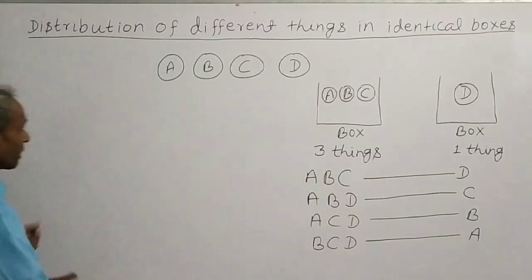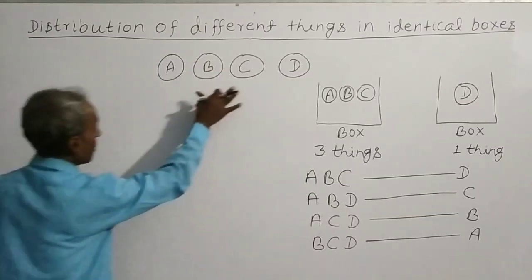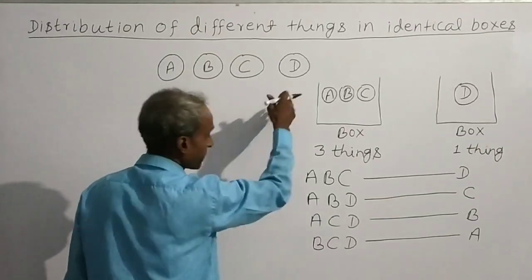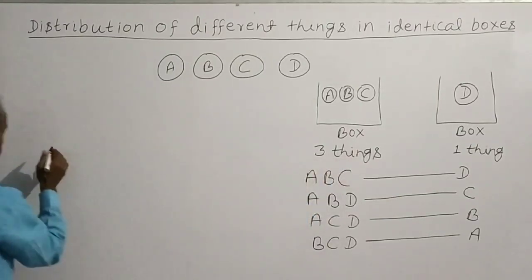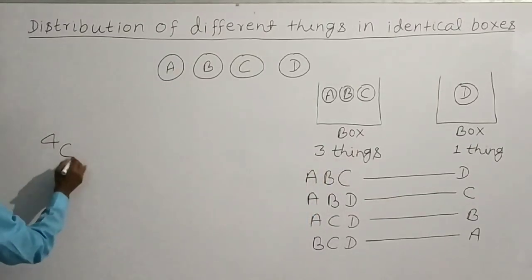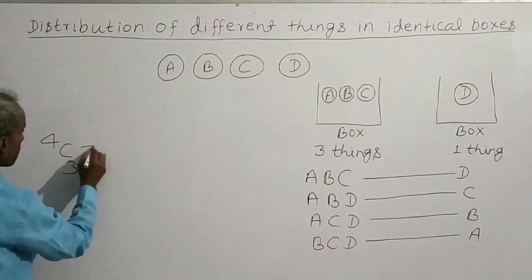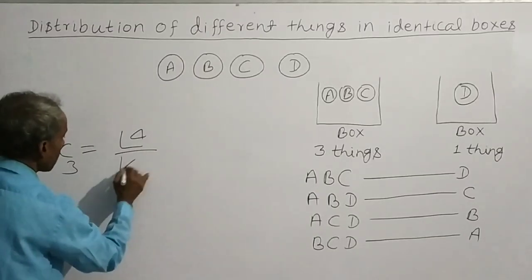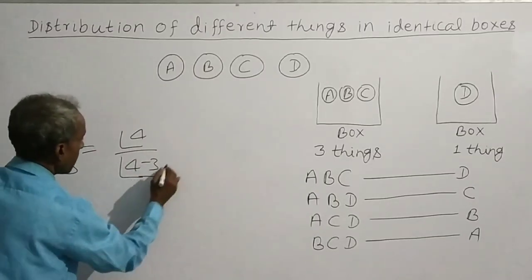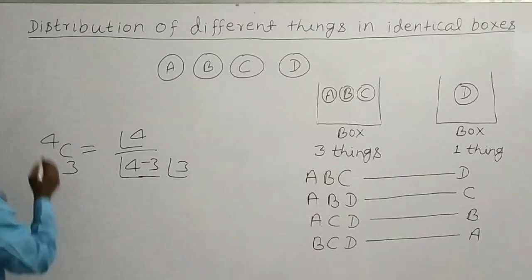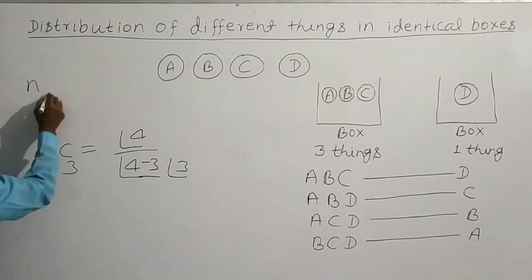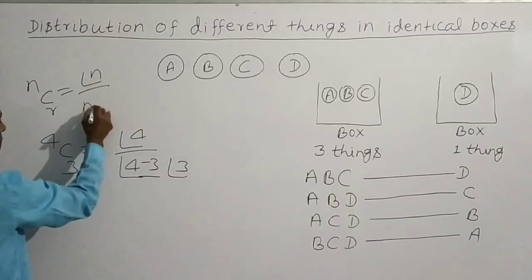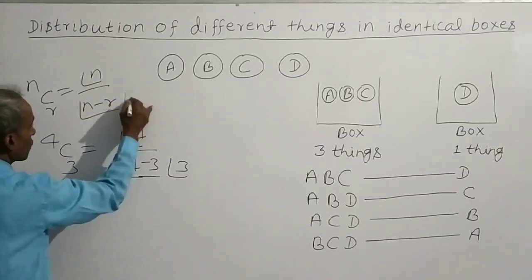We know that the number of combinations of 4 things taking 3 at a time, that means 4C3, will be equal to factorial 4 by factorial 4 minus 3 factorial 3, because the formula is nCr equals factorial n by factorial n minus r factorial r.